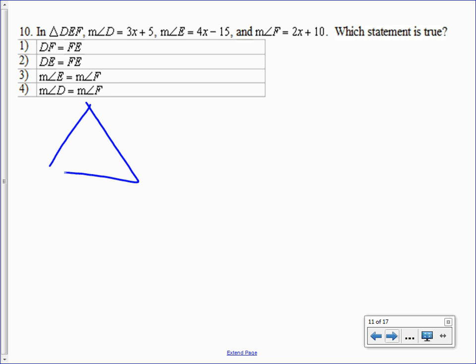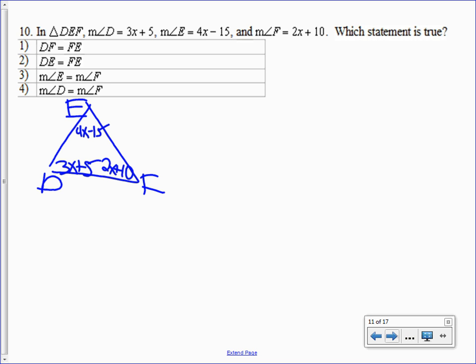10. Draw a picture. D, E, F. Angle D is 3x plus 5. Angle E is 4x minus 15. Angle F is 2x plus 10. I have the angles of a triangle. I don't care what the question's asking me.